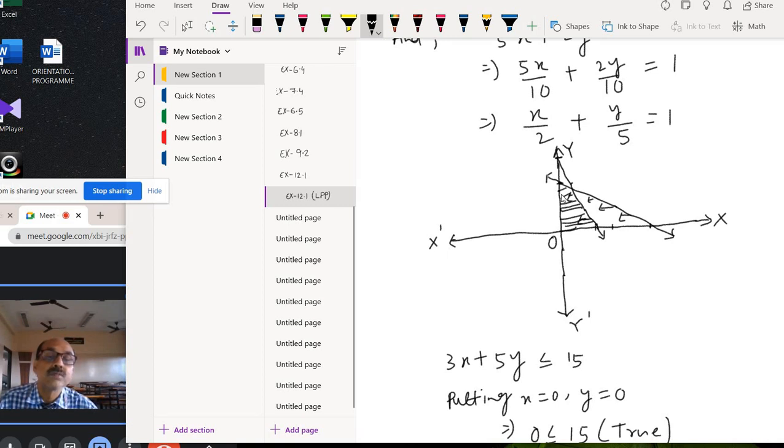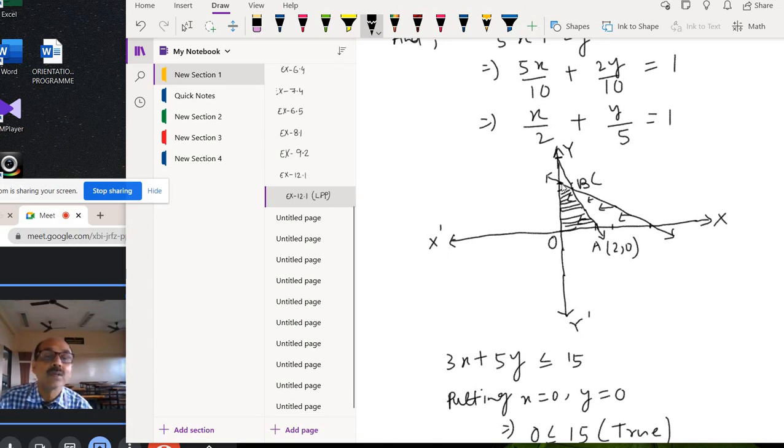The coordinate of this point is 2, 0; this is A. This one we take as B, whose coordinate we have to find by solving these two equations.